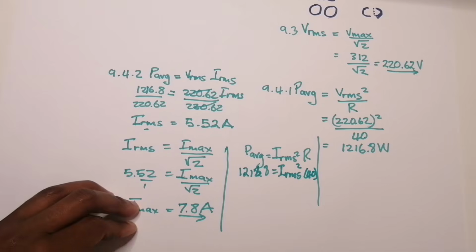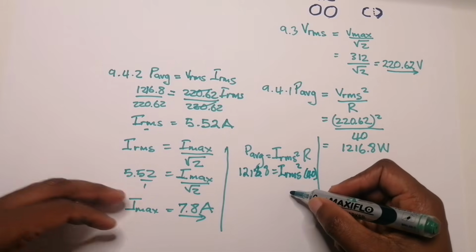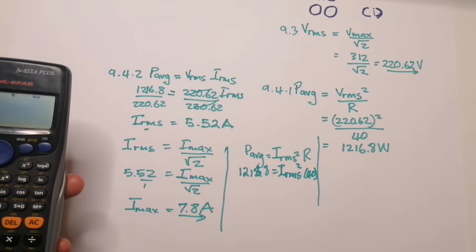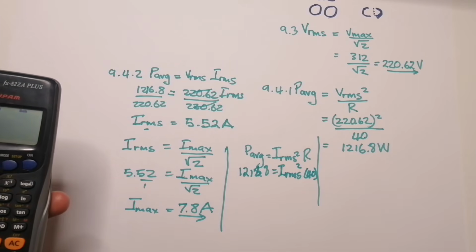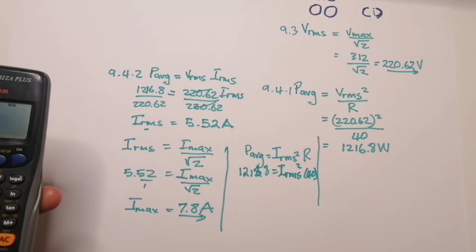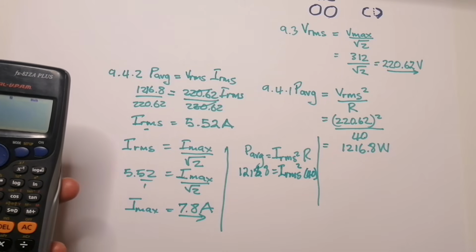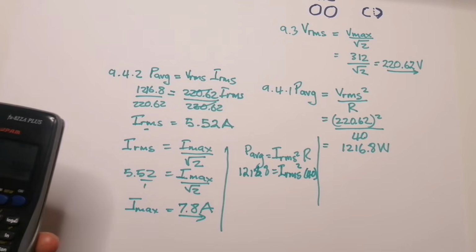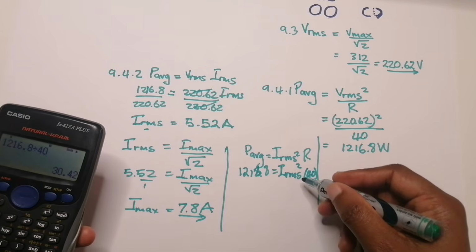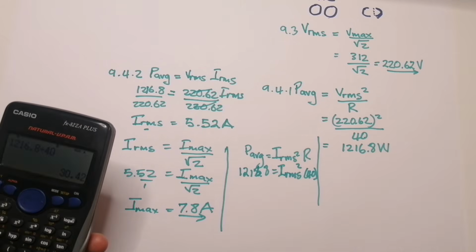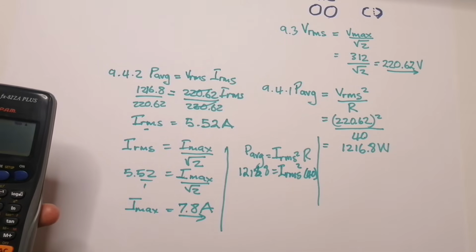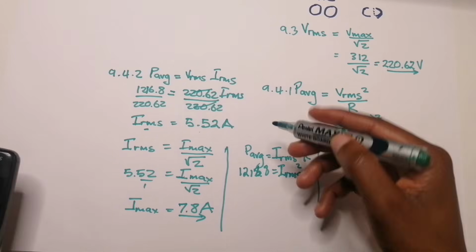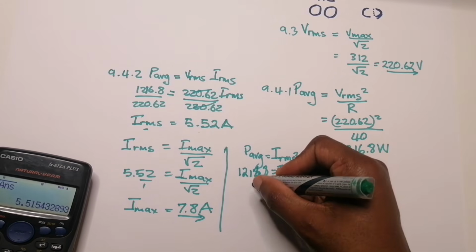So let's take our power value, 1216.8 divided by 40. But remember, that would give me I RMS squared. So let's take the square root of our answer, and I'm back at that value of 5.52.